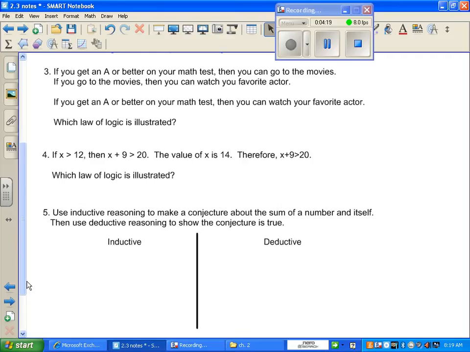Anyway, if you get an A or better on your math test, then you can watch your favorite actor. Now what we did is we put the statement from above together, we condensed it, we cut to the chase. Which law of logic is illustrated? And hopefully you're saying this to yourself. This is going to be your law of, and hopefully you're practicing this word, it's syllogism.